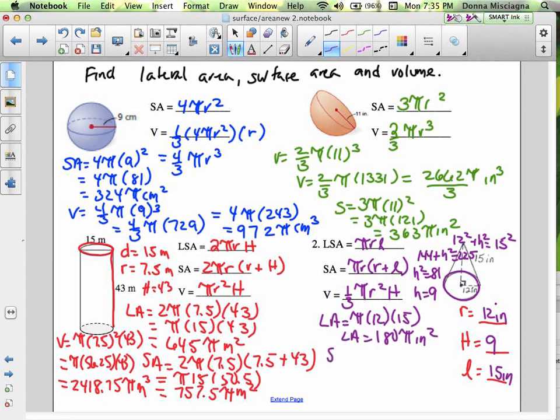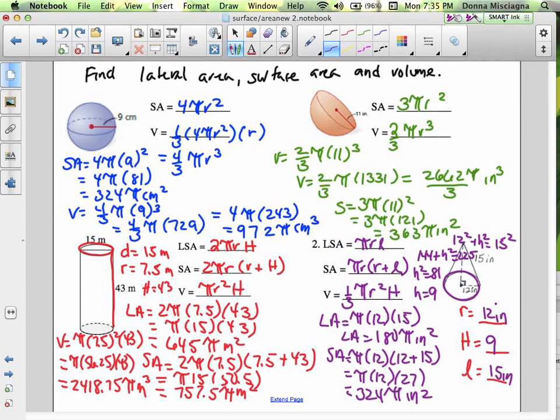For the surface area, we have pi times 12 times 12 plus 15. So that's pi times 12 times 27, which is 324 pi inches squared.